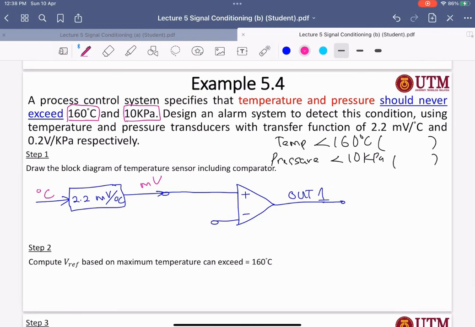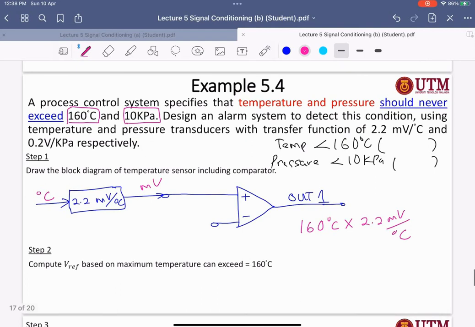Right now your level is 160 degrees, so you multiply 160 degrees with 2.2 millivolt per degree. So what is it, guys?